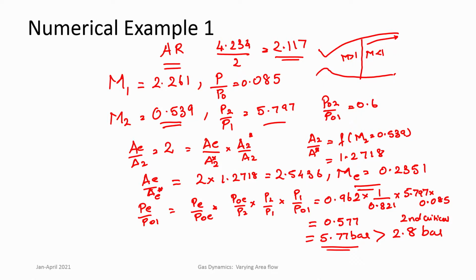So through this elaborate example, I hope that the concepts related to operation of convergent divergent nozzles are clear. As the pressure ratio across the nozzle changes, various operating conditions take place. The first important point is the point at which the mass flow rate chokes in the nozzle, but flow may be still subsonic.